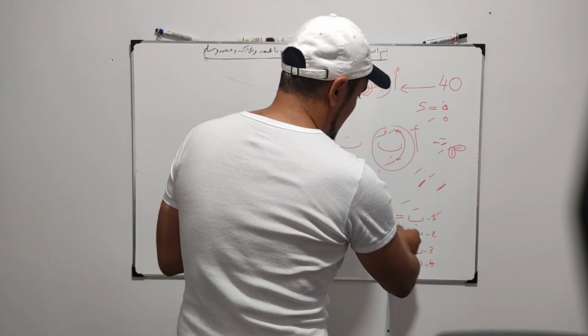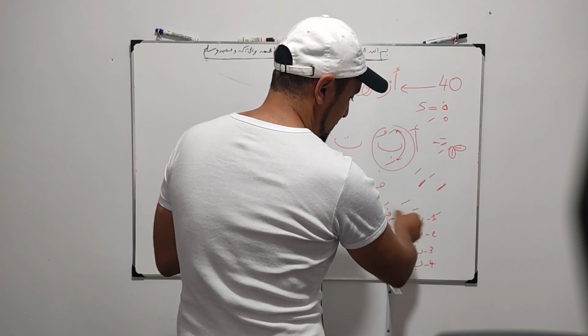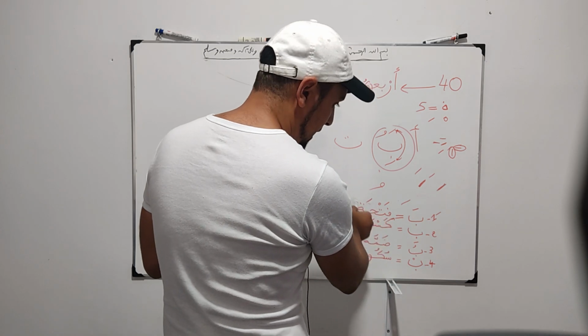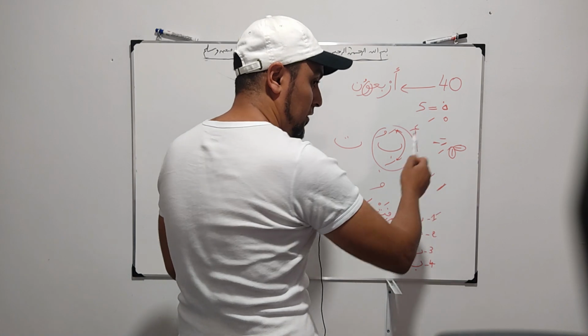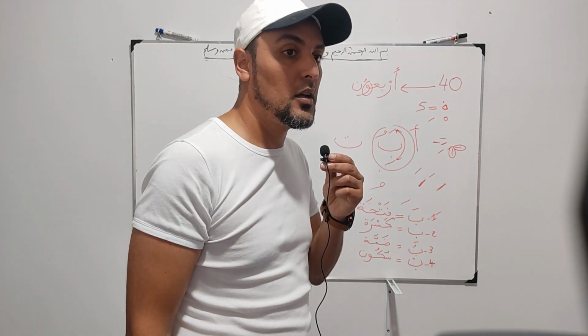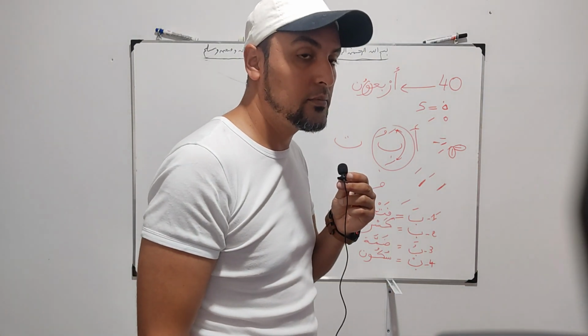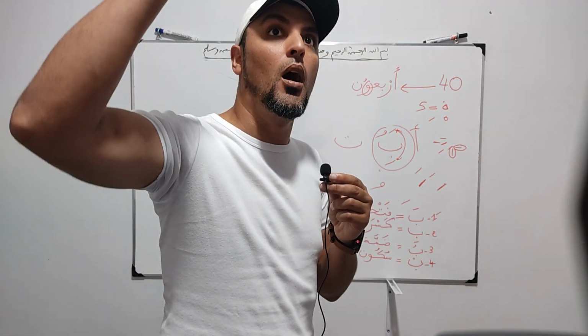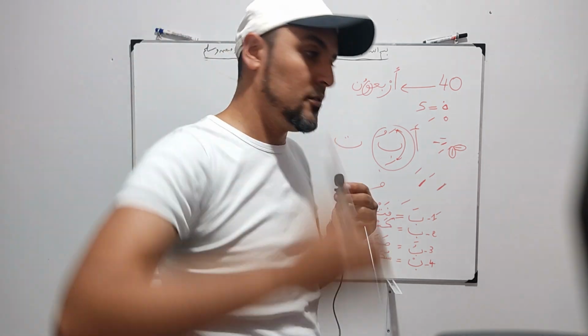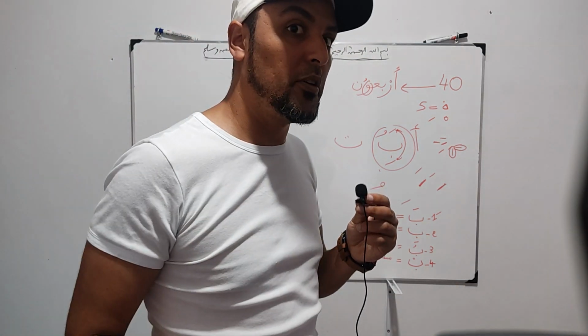When you put fatha here, which we agreed is above the letter, we say ba, ba, ba, ba. Something like above, okay? Above, remember this, ba.